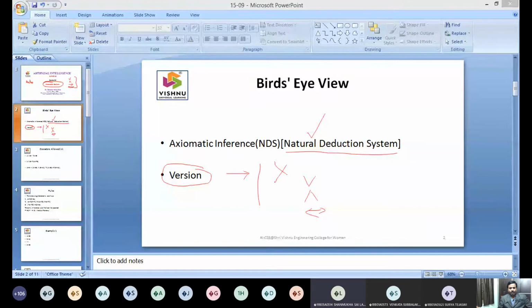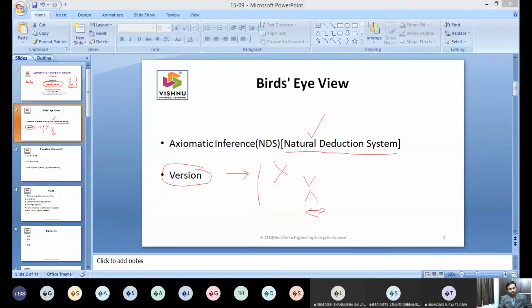A natural deduction system is a system where all the symbols are accepted, all the rules are accepted. An axiomatic system is a system where many symbols like AND, OR, bijection are rejected, and the only inference rule that is accepted is modus ponens, which is very important.